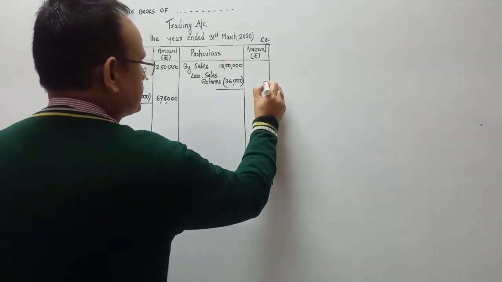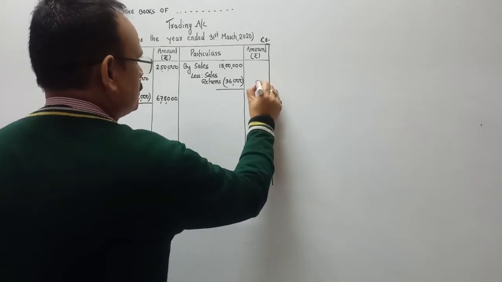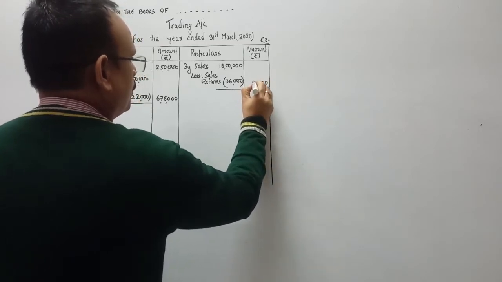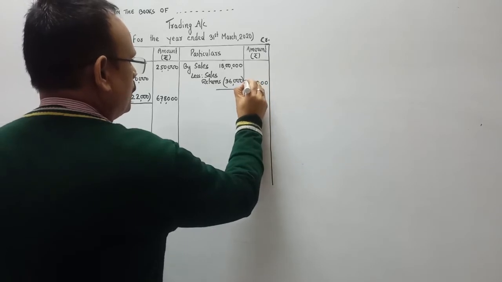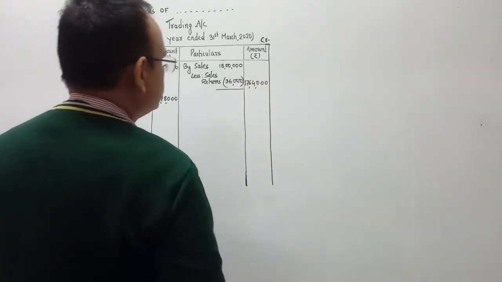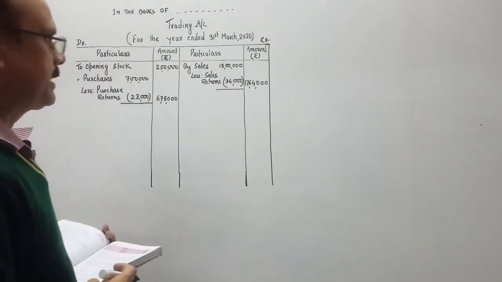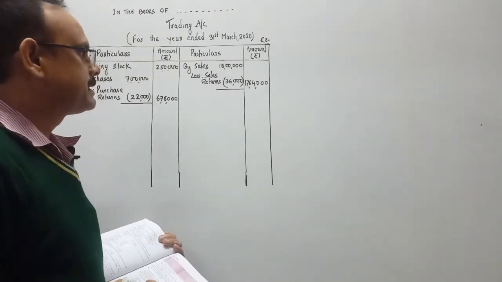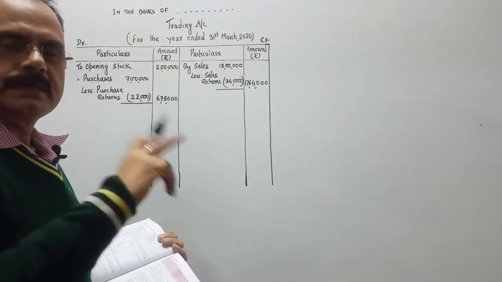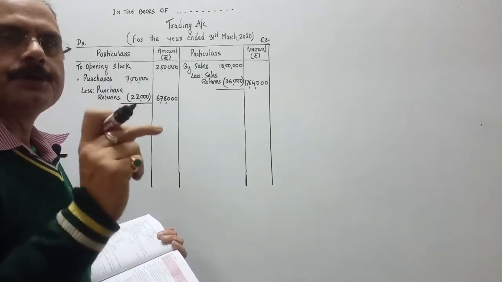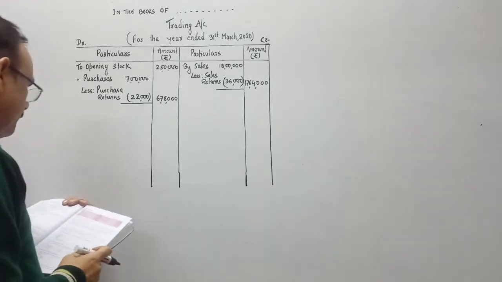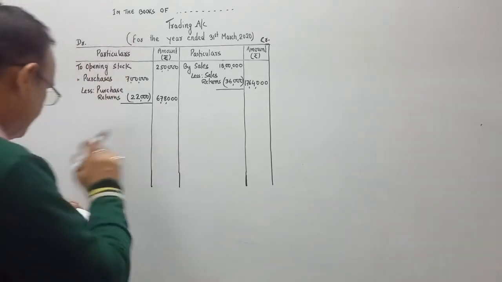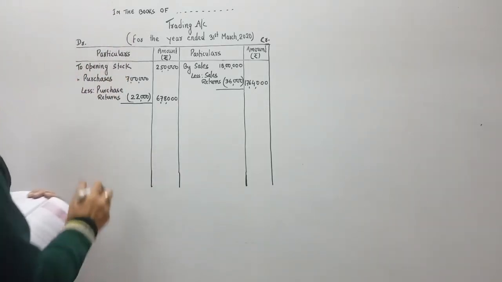After deduction, the figure is 17 lakh 64,000, which is the net sales. Sales less sales return indicates the net sales.